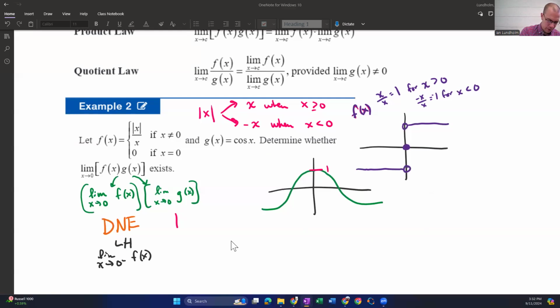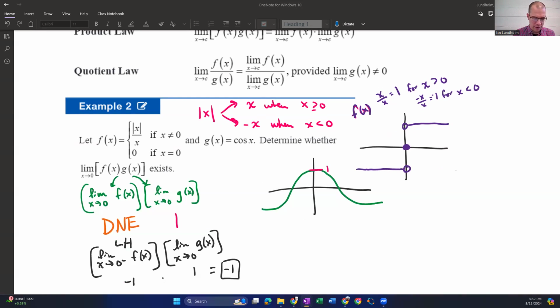That one ends up being -1. And if I did that times the left-hand limit for the cosine function, that would be 1. And the overall left-hand limit would be -1.